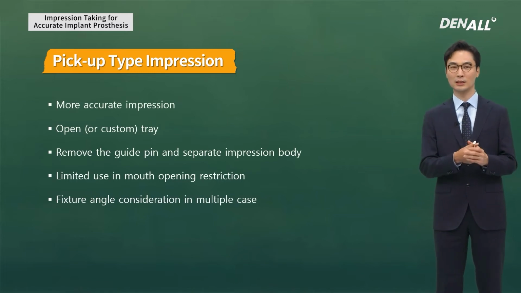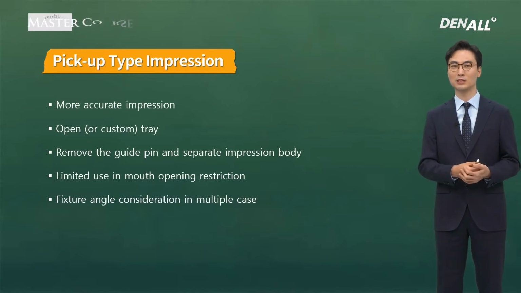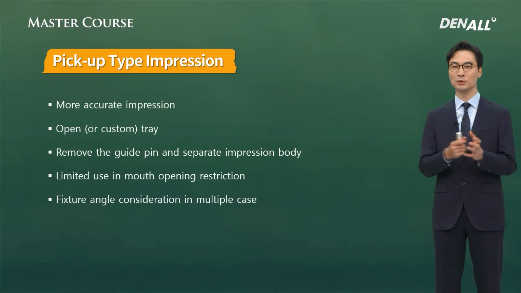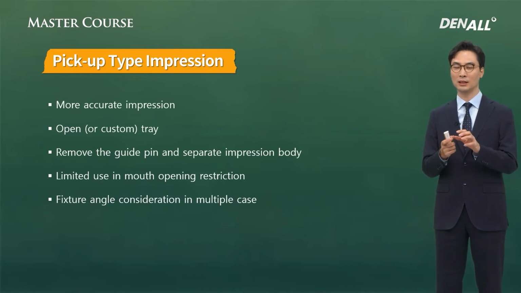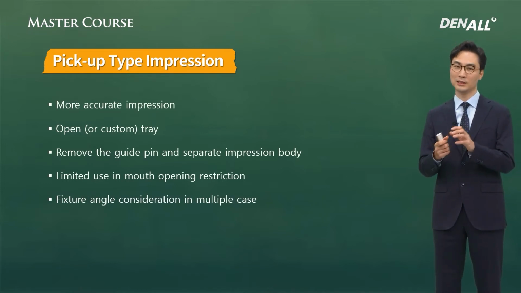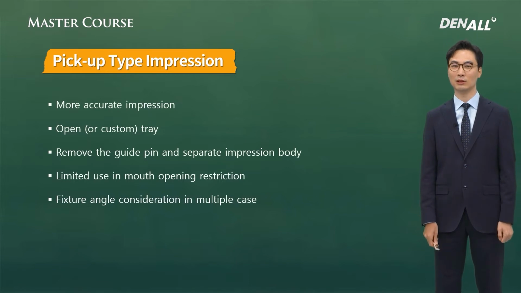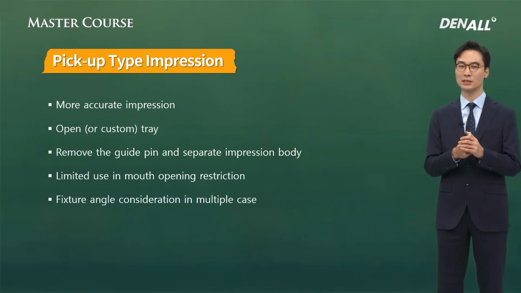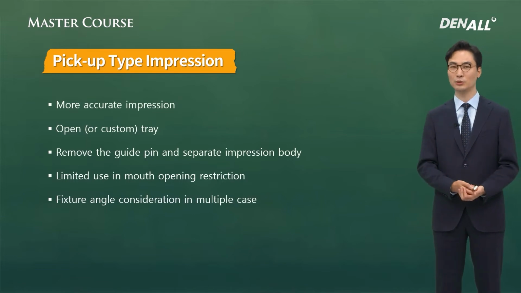In the case of multiple implants, if they are placed in a parallel manner, it's okay. However, if there is angle deviation, once the impression material sets, the pickup type may not be easily removed. Therefore, you need to consider whether the angle is acceptable. You need to be aware of this before choosing the impression type.